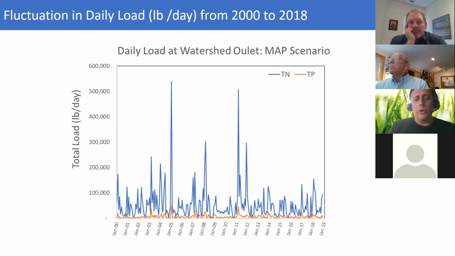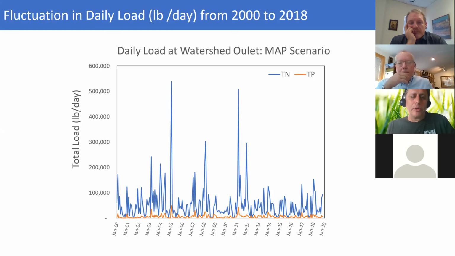So shown here is the simulation for total load of nitrogen and phosphorus, total nitrogen in blue and total phosphorus in orange. And so what we see there is how these loads vary significantly, the pounds per day that we may have. Again, there was a question about whether this reflects accurately the transport during the very large storm events.